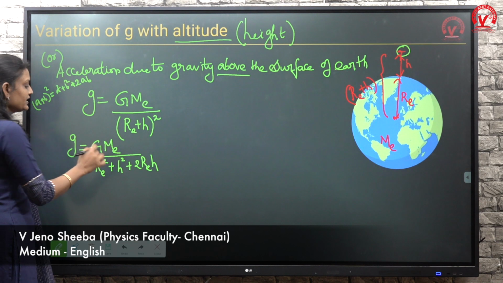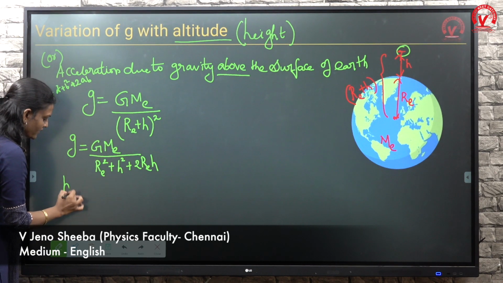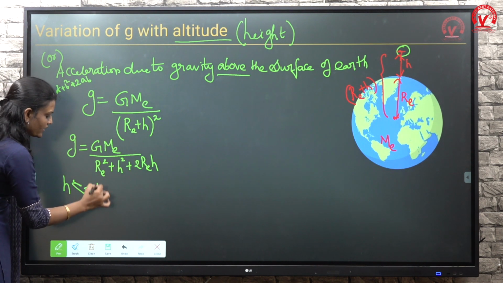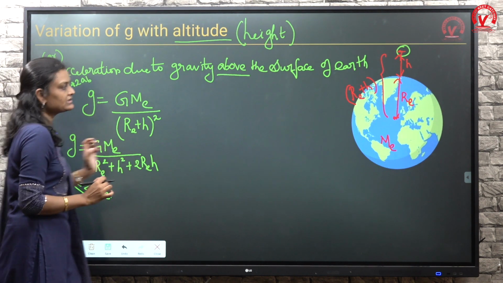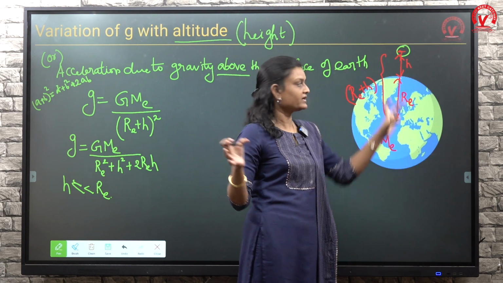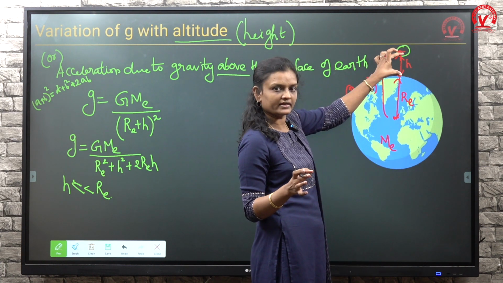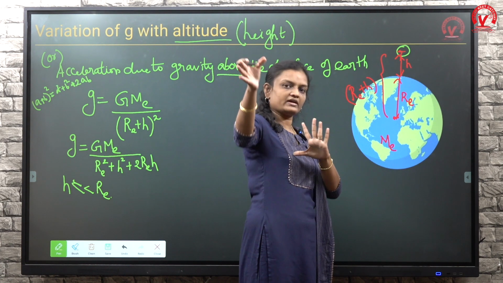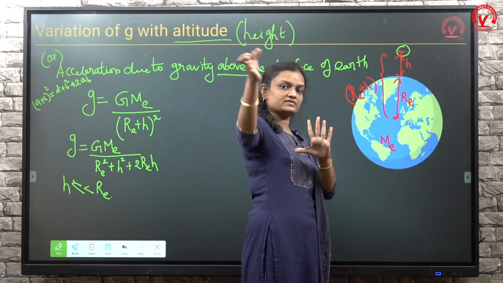Now we see that h is small when compared to Re. Why am I saying this? We know that the radius of the earth is very large compared to the object height. We are keeping the object near the earth only, but the radius of the earth is very large.